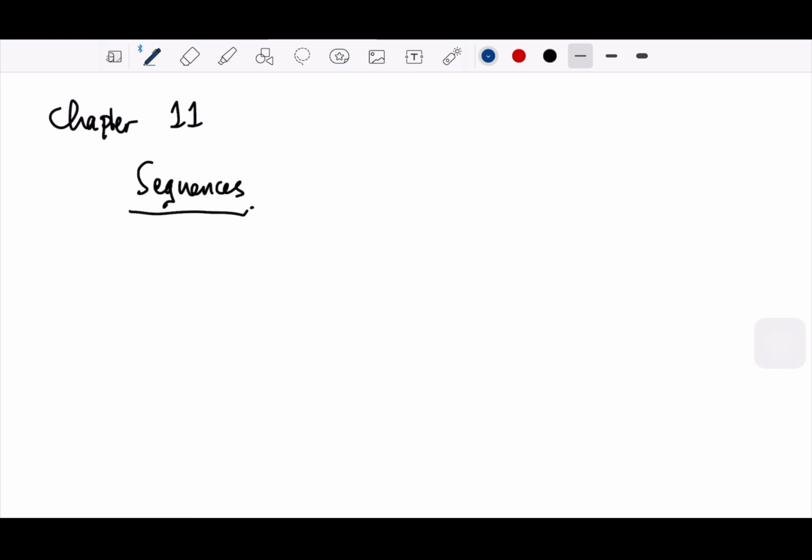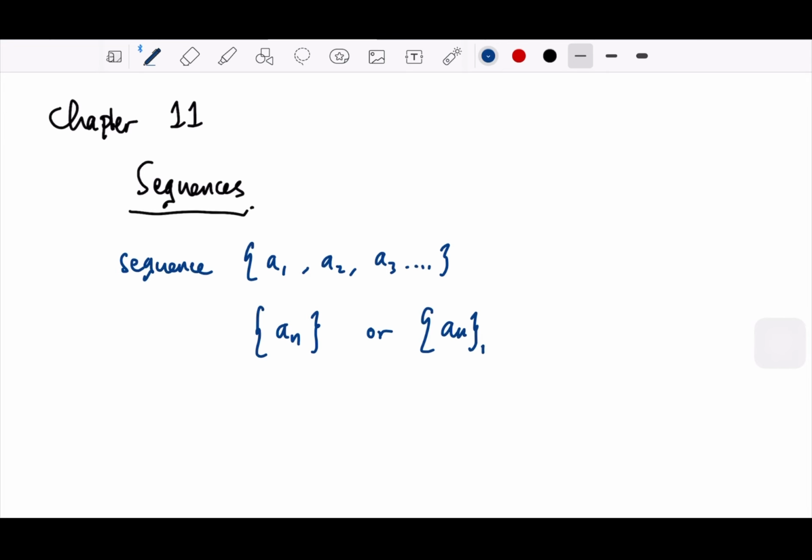So we can write a sequence like this, or we can write in terms of general terms a_n, or we can write n from 1 to some infinite number.